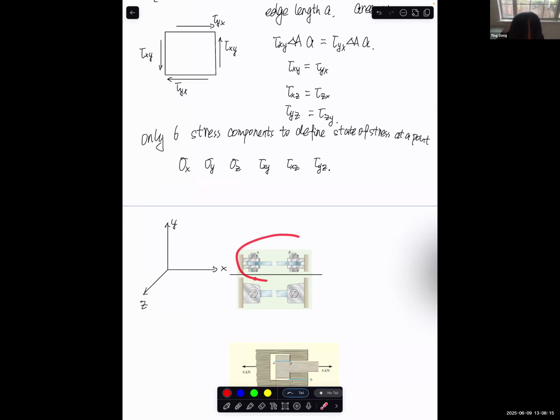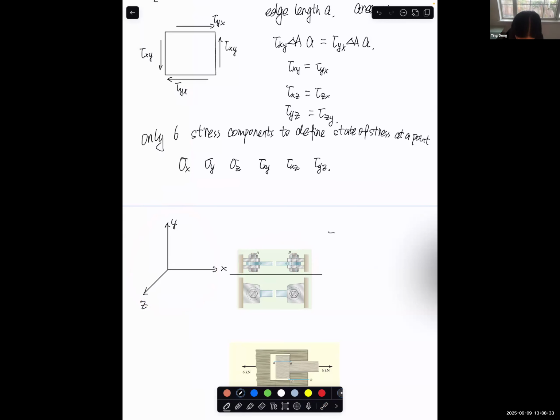So now, if this is the coordinate system, let's only check this part. For this part, we know that there are shear stresses generated at pin A and pin B, and of course, A and B are symmetric. So what should be the stress component?